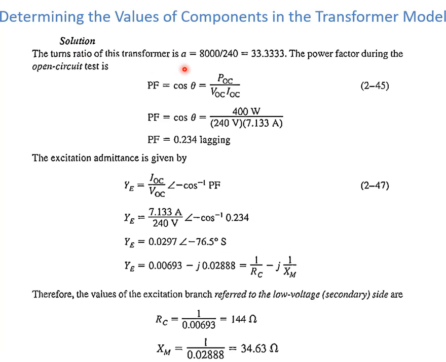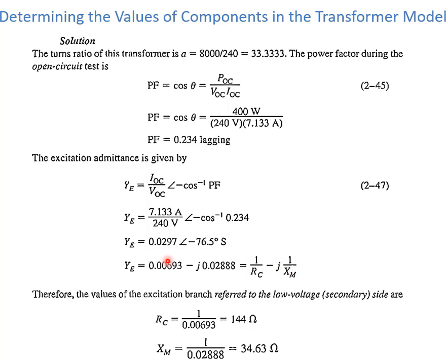So we have all those calculations. I will not go through all the calculations step by step. First we have calculated the power factor and we have this turns ratio. Obviously we have 8000 by 240, so 33.333 is our a. And from YE, if we use this relation by using this power factor, we can figure out that YE is equal to 0.00693 and this is equal to 1 over RC minus j XM.